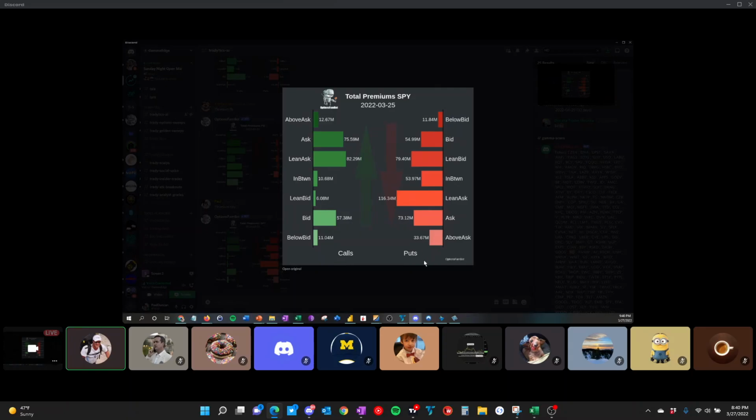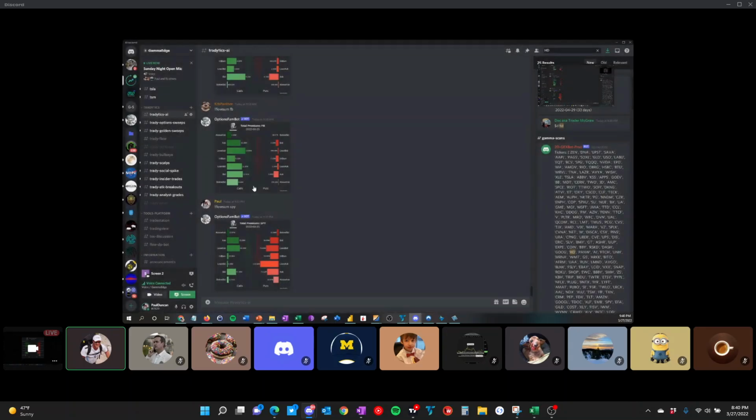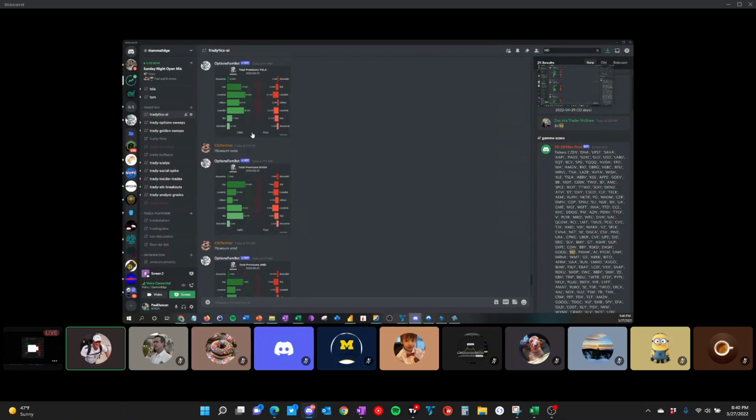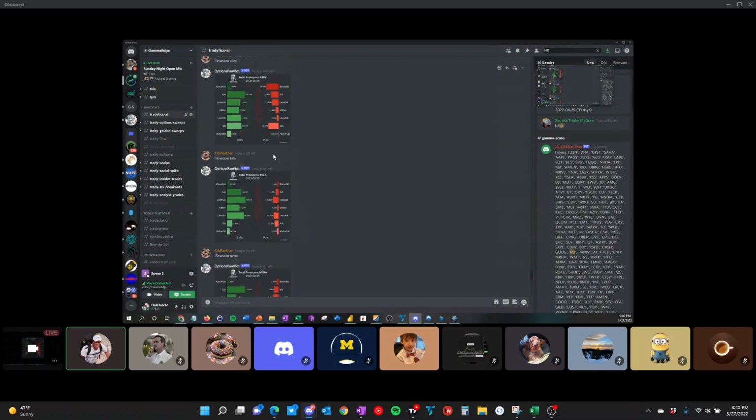This gives us visibility. Is it actionable? I think it's actionable, especially as you look through the other symbols. You can start getting a sentiment about what's going on with different symbols, and you can see that Panther ran some of the other symbols here. I think it's useful to see Tesla.